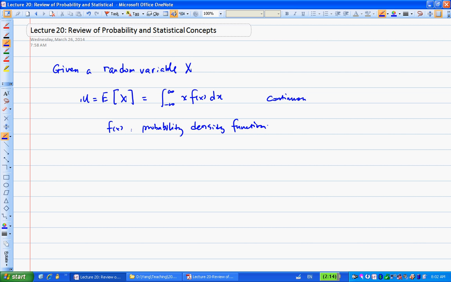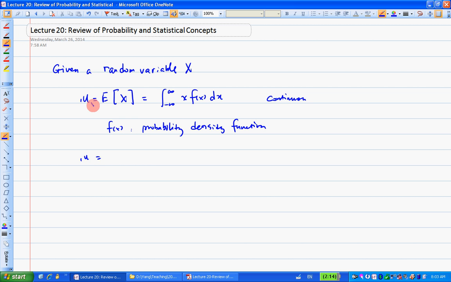It can be all different kinds of distribution functions. For example, it can be a uniform distribution function, a Gaussian distribution function, or some other function.